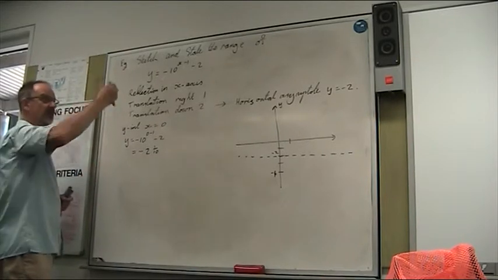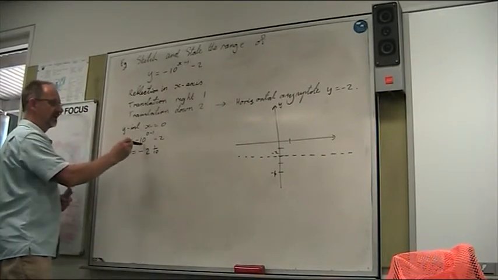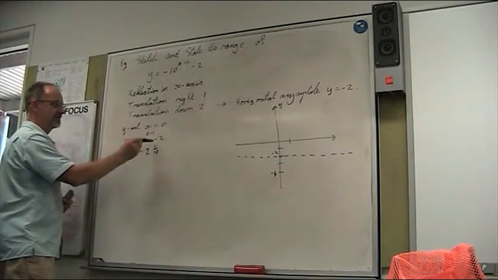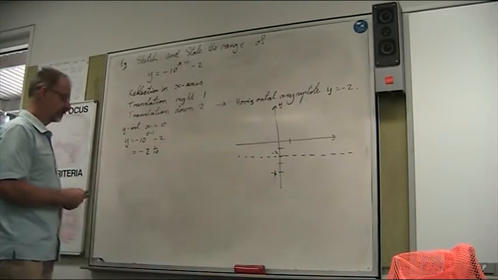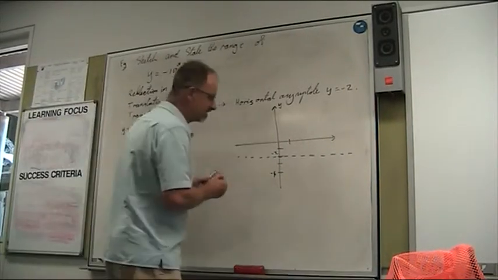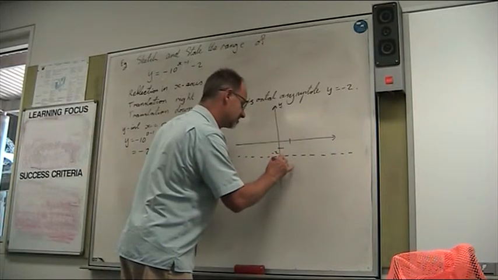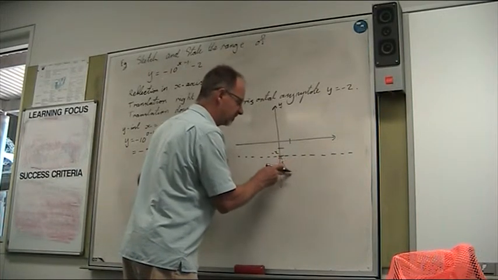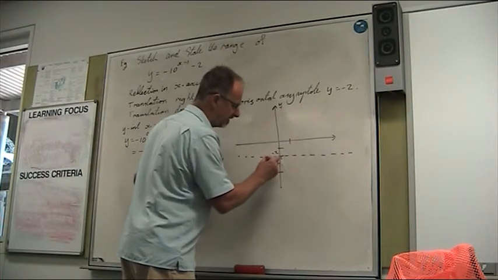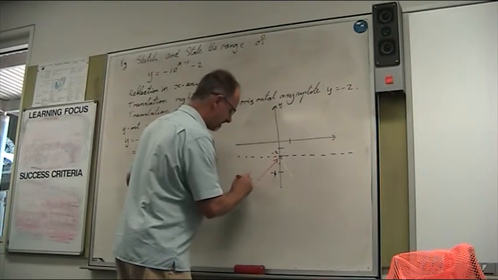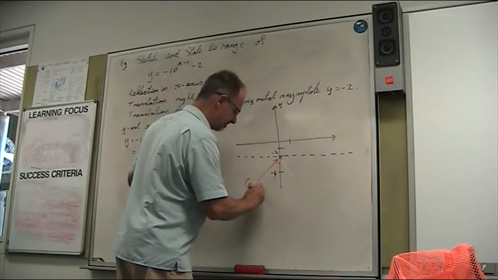Negative power is 1 over 10. Negative 1/10 minus another 2 is negative 2 and 1/10. So that's way down here somewhere. So that point there is 0, negative 2 and 1/10.